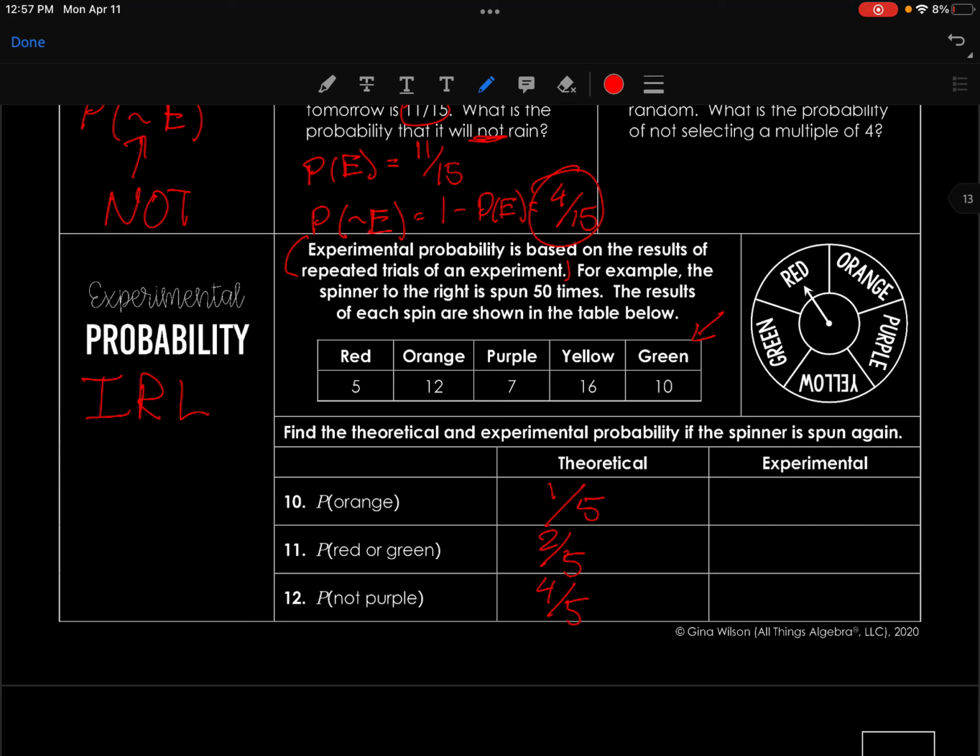There's 12, so it should be 12 out of 50. What is the probability that it might be red or green using this? Well, red happened 5, green happened 10. So it's 15 out of 50. Since 50 is the number of times it was spun before, and not purple, so it's 43 divided by 50.